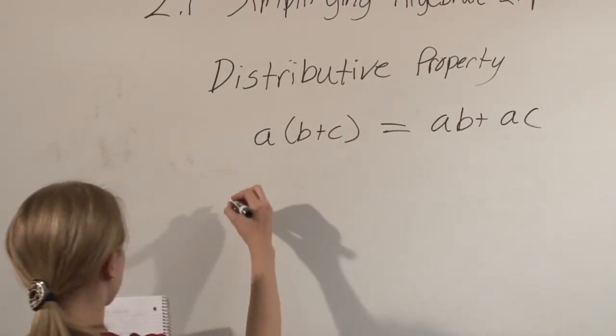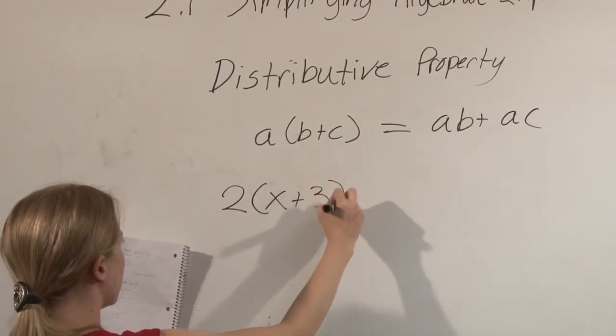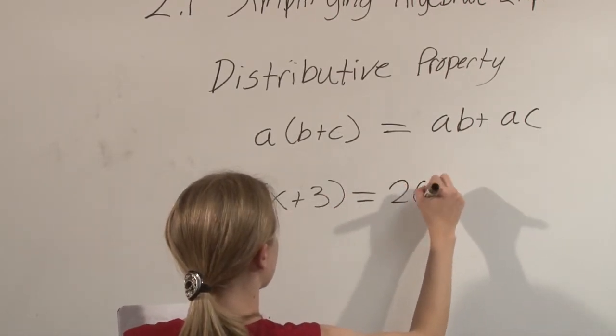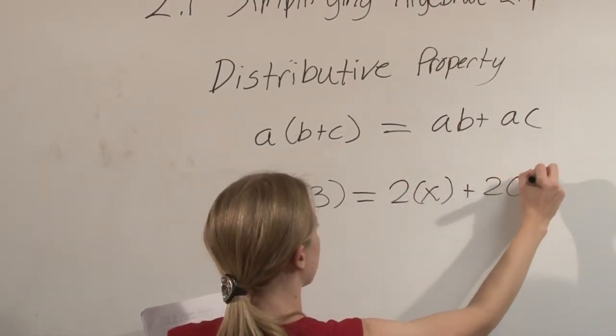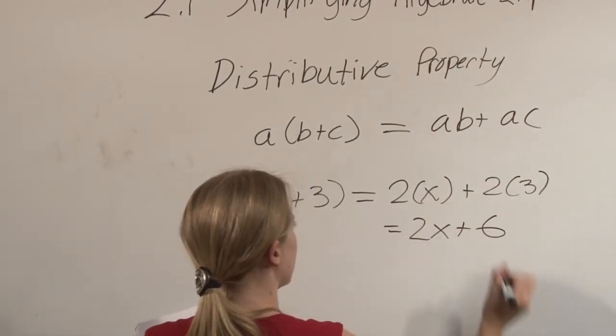So if I have 2 times x plus 3, I'm going to multiply 2 times x plus 2 times 3, which is 2x plus 6.